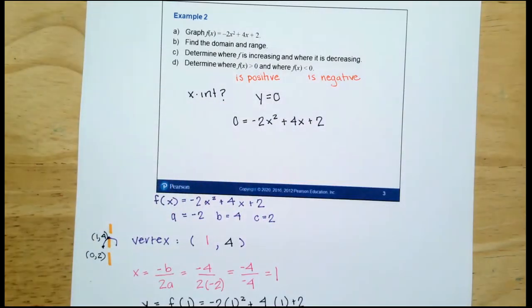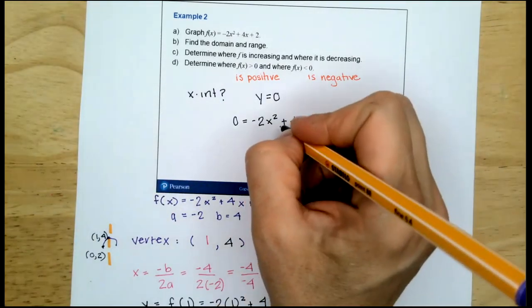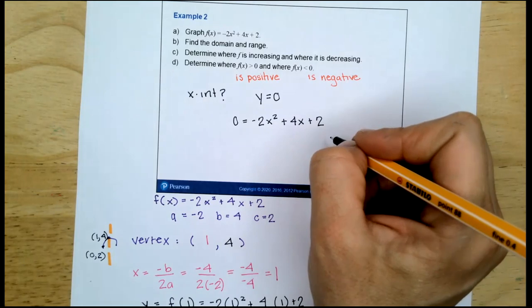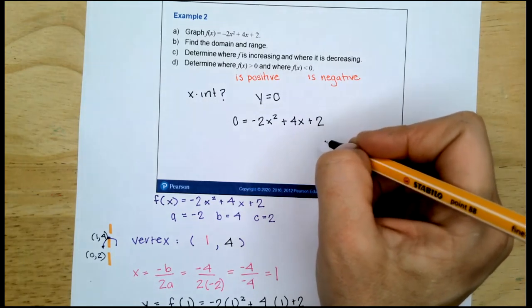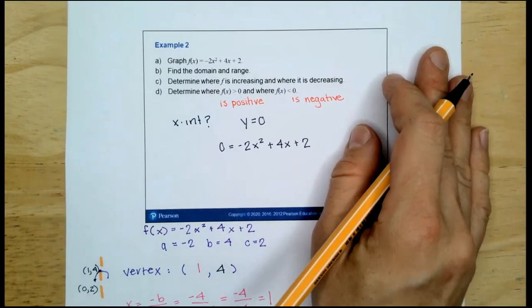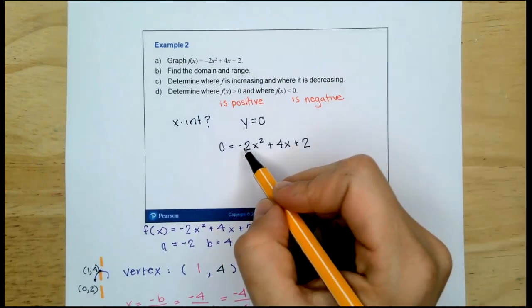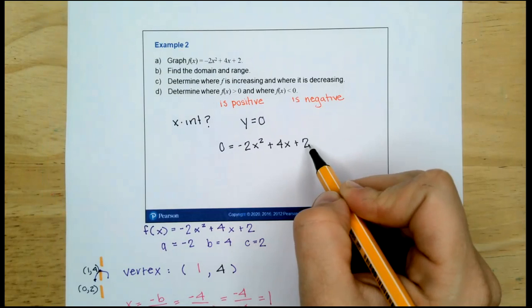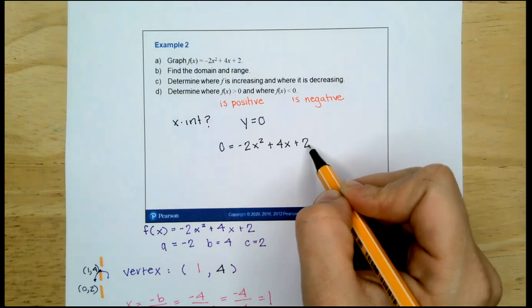Can we factor negative 2x squared plus 4x plus 2? If we were going to factor it, the numbers would need to multiply to equal negative 4, right?